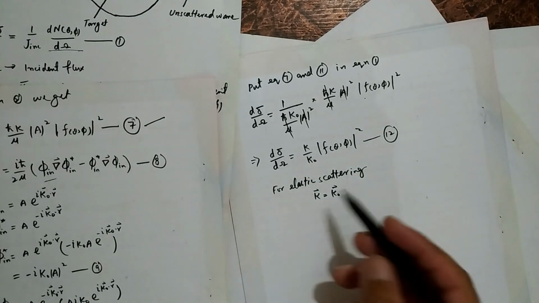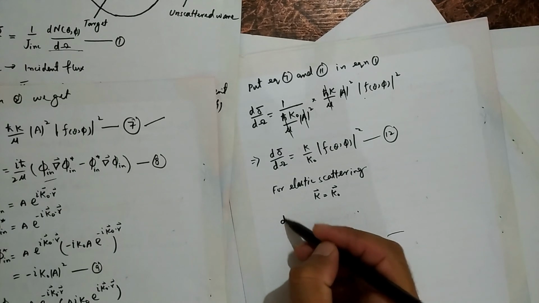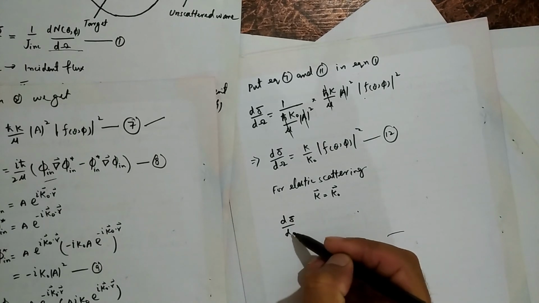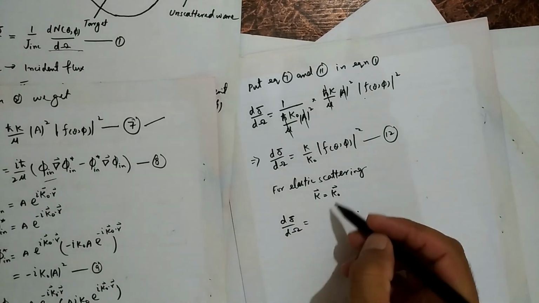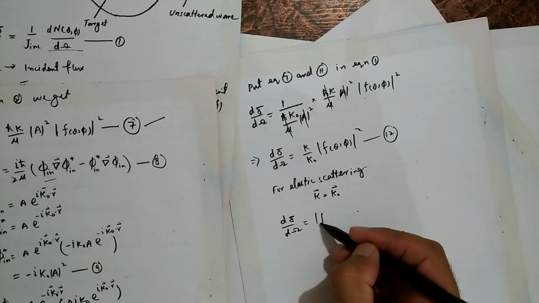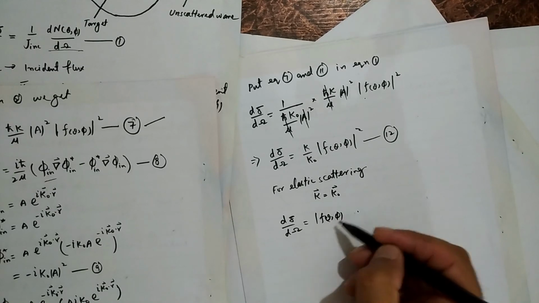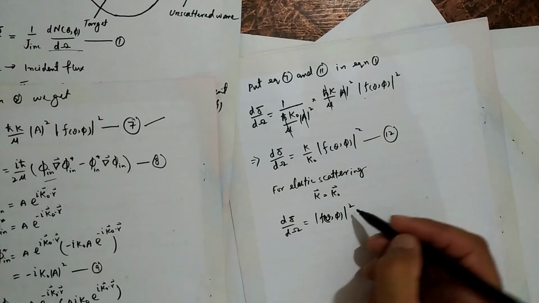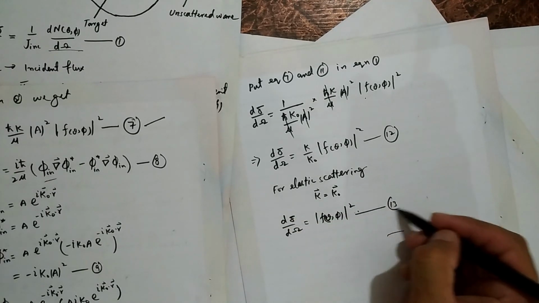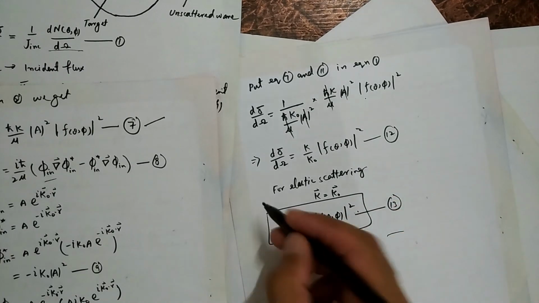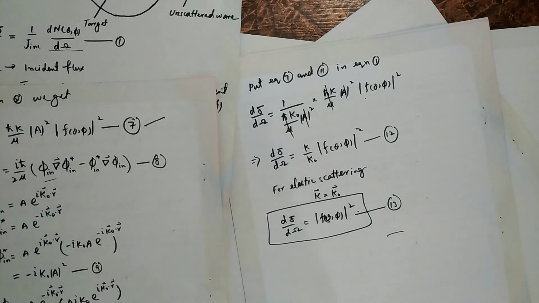So these two terms will be cancelled and we will be left with d sigma over d omega, which is the square of the mod of f of theta phi. This is equation number 13. This is our final result. Thank you very much.